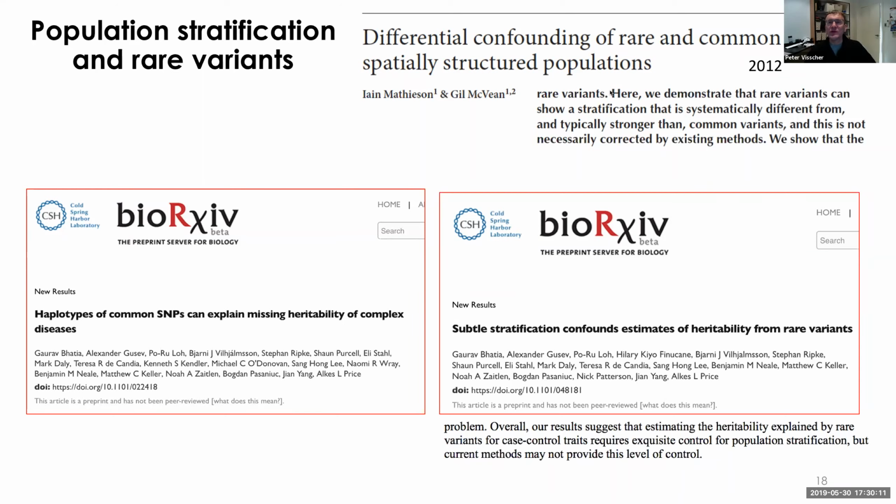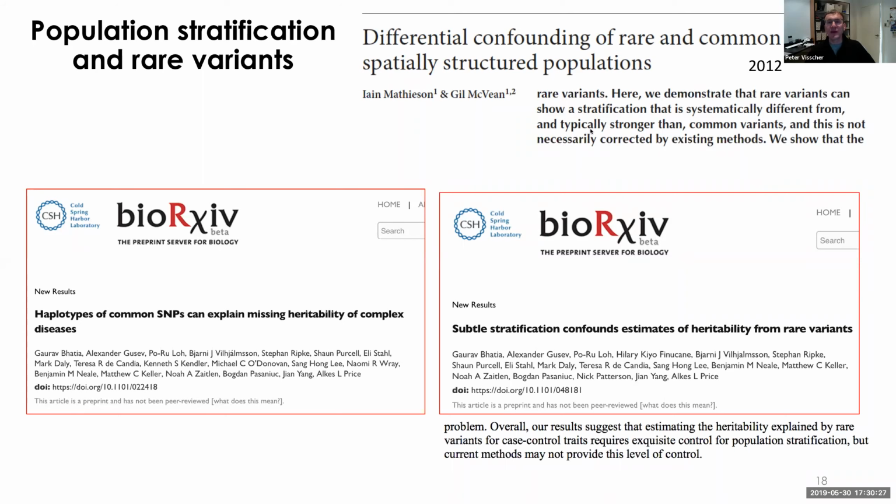And they concluded here in their abstract, we demonstrate that rare variants can show a stratification that is systematically different from and typically stronger than common variants. And this is not necessarily corrected by existing methods.